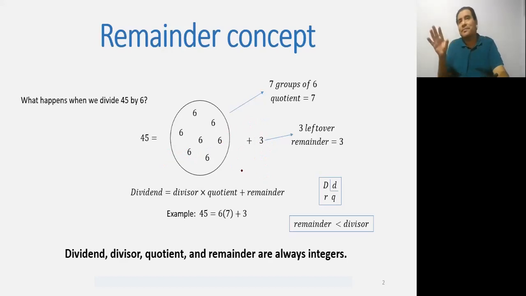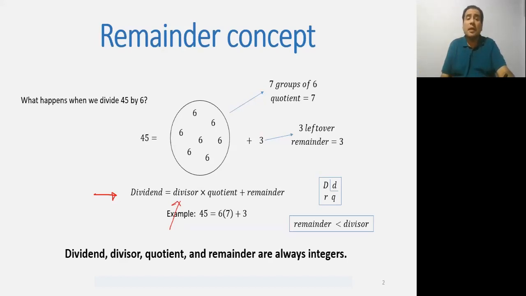So in this uneven division, you can express the relationship between the dividend and the divisor. In this way, the dividend equals the divisor multiplied by the quotient plus the remainder.